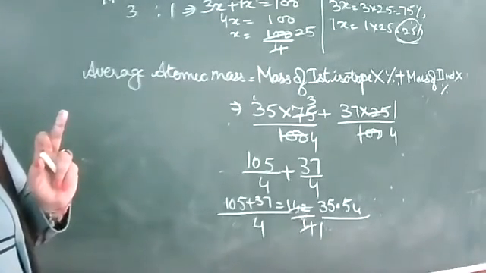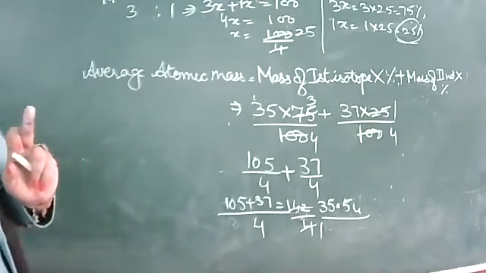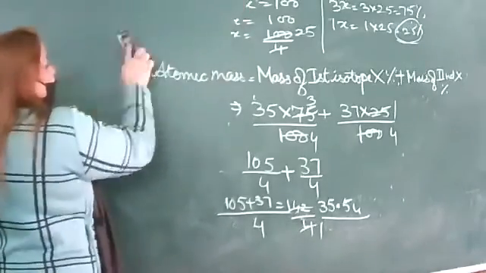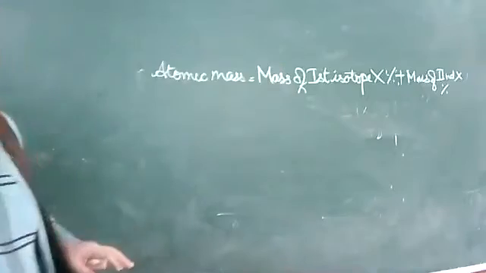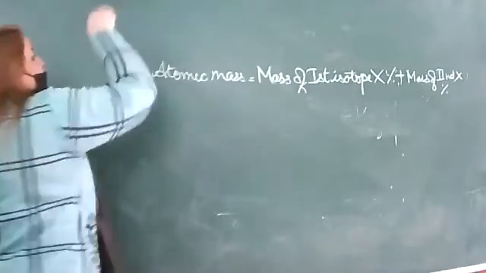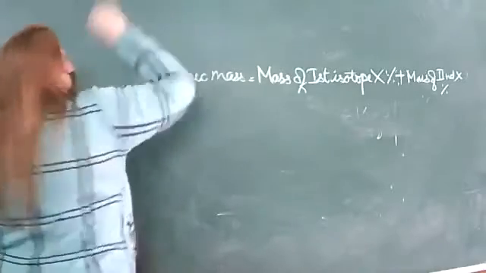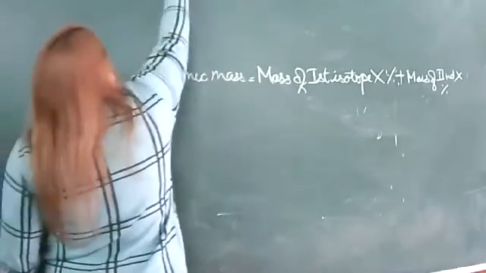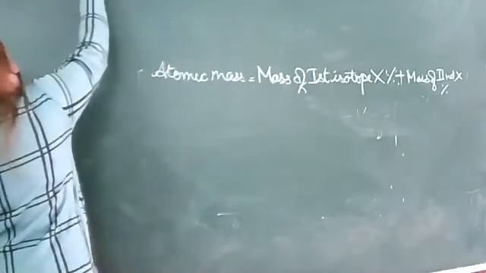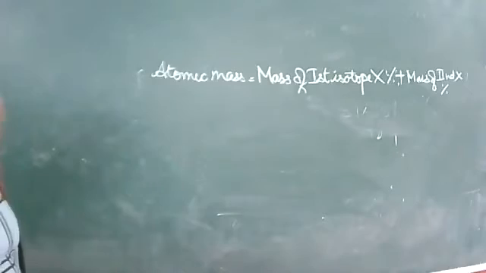Then the third numerical. Statement is: natural potassium exists in 93.1% as 19 potassium 39 and 6.9% as 19 potassium 41.